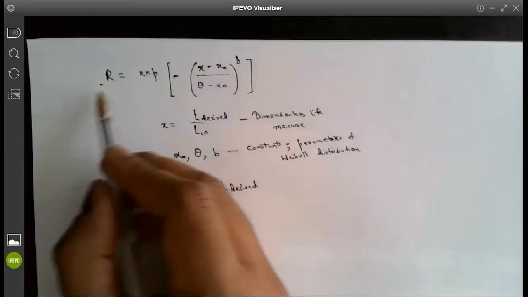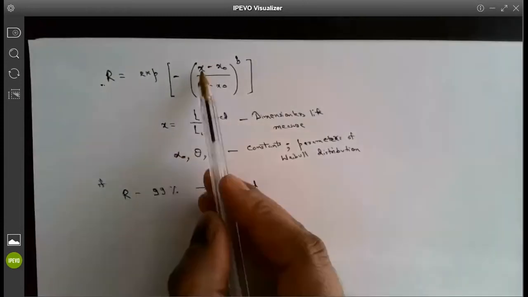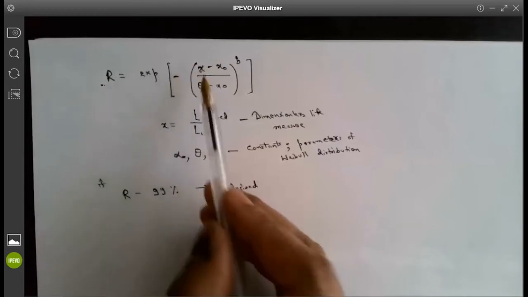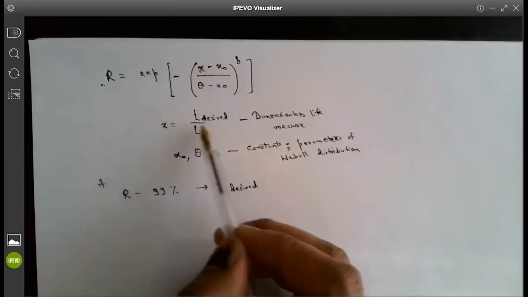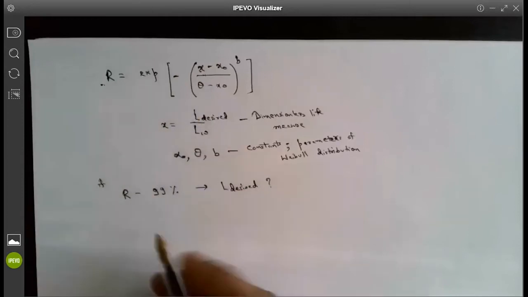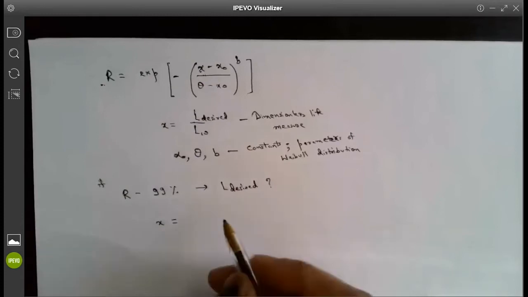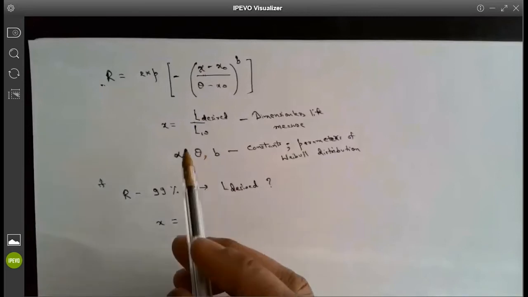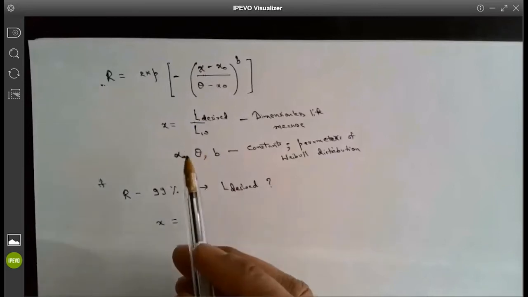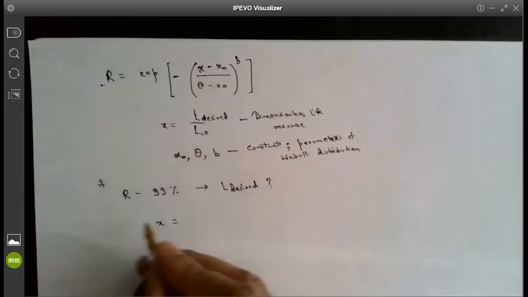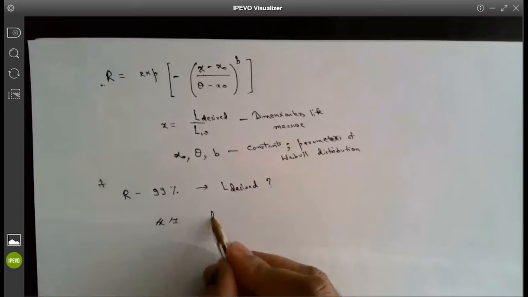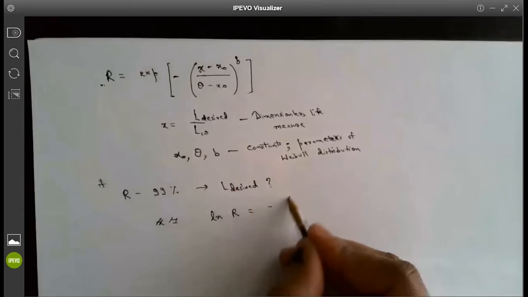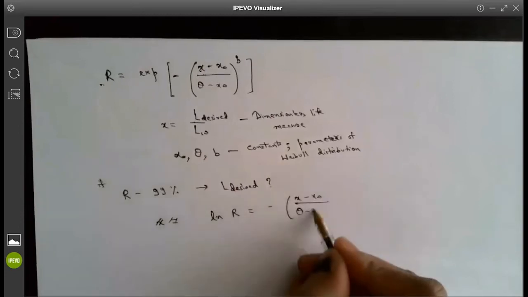If you use this relationship to find an expression for x, because your x is a dimensionless life measure, then x can be written as, okay, let's take a natural logarithm on both sides. So you get ln R equals minus x minus x naught divided by theta minus x naught, raised to the power b.